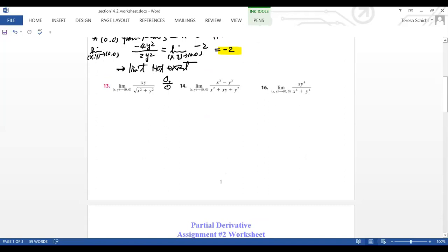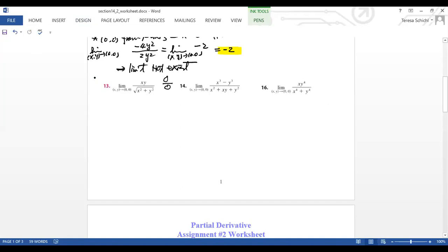If you try several paths, like the x-axis, the y-axis, or y equal to x, and they all approach the same value, you cannot say the limit exists because we have an infinite number of paths. So after you try two or three and they all approach the same value, we probably need to take a different approach.